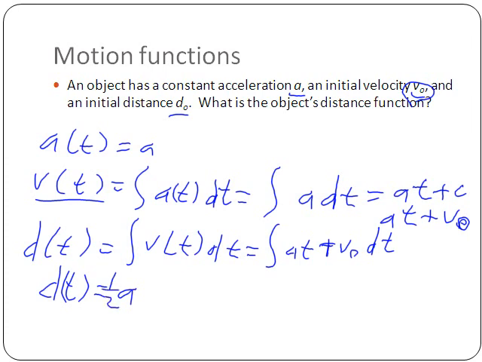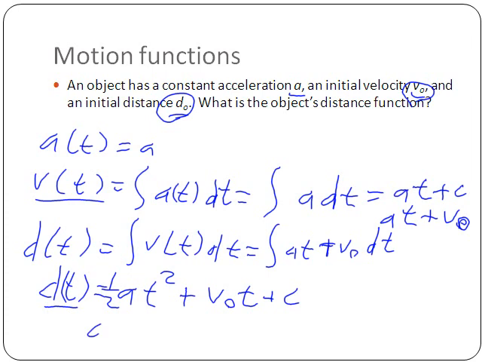I'm going to go from t to the first power up to the second, and so therefore I have to have a 1/2 out here. That's why I was getting ahead of myself earlier. So I have 1/2 times a times t to the second, plus v naught, a constant, times t to the 0, so going to t to the first, v naught over 1 is just v naught t, and then plus c.